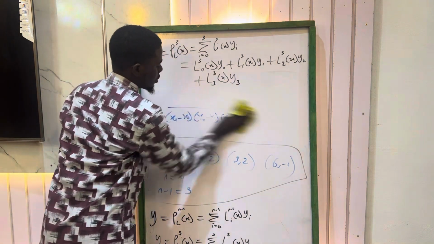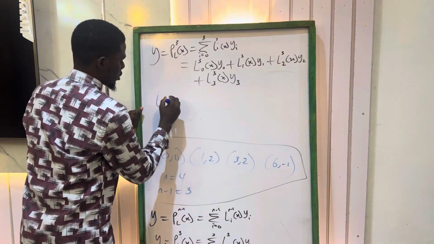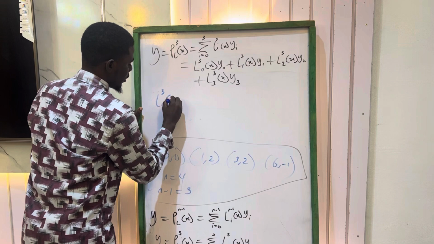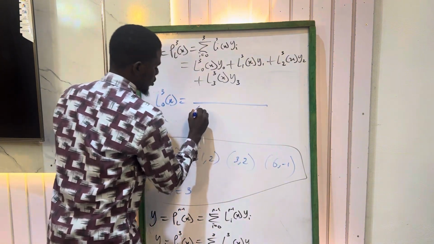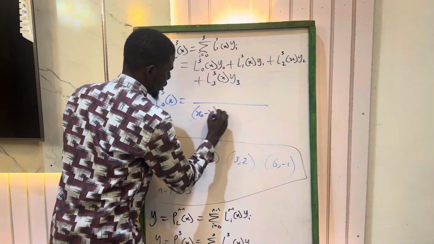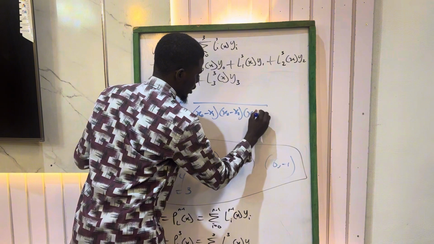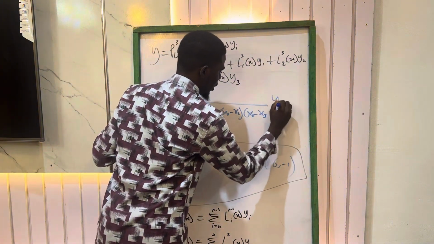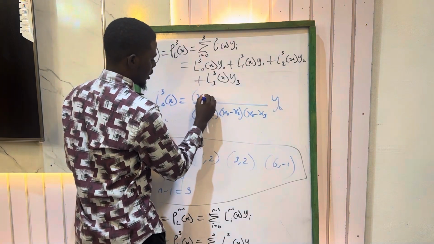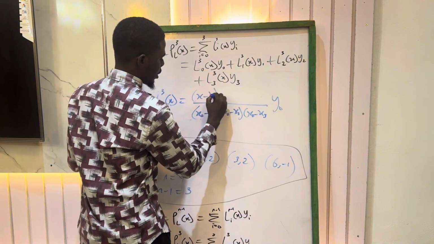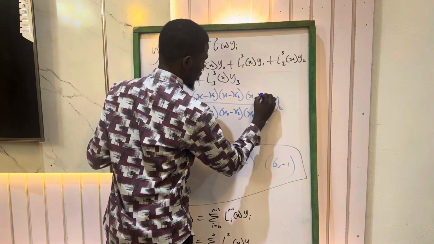Let's write this. So our L_0 raised to the power of 3 of x is equal to this: as our numerator, we're going to have x minus x_1, x minus x_2, x minus x_3, and as the denominator, x_0 minus x_1, x_0 minus x_2, x_0 minus x_3.